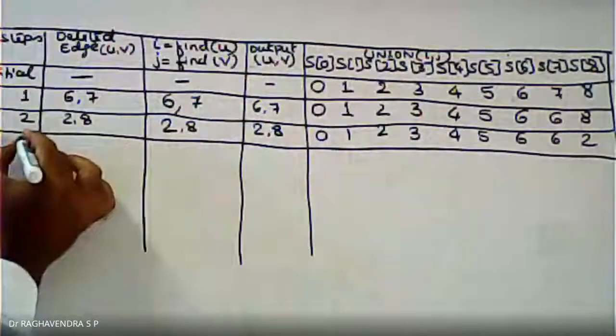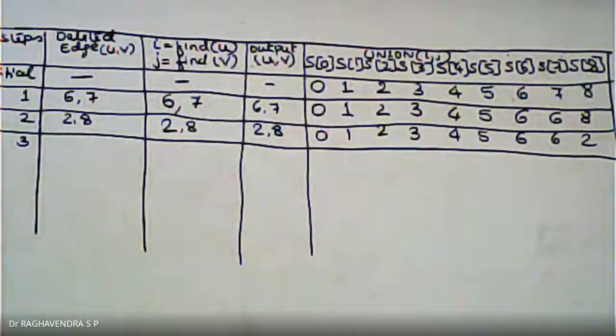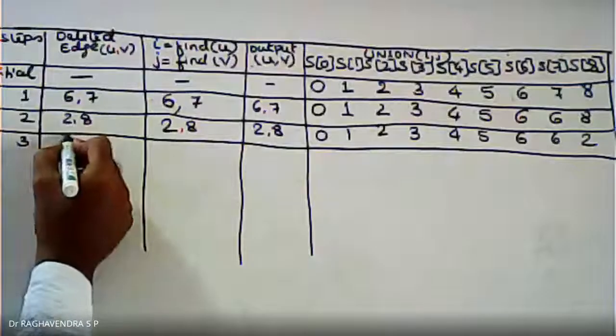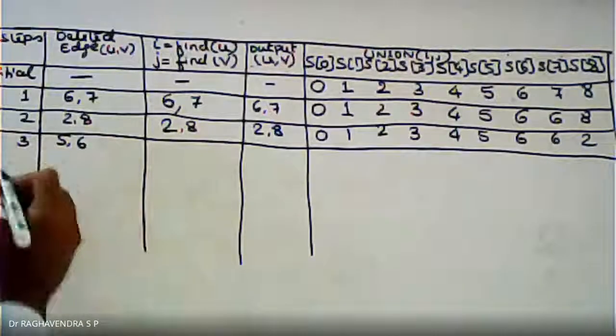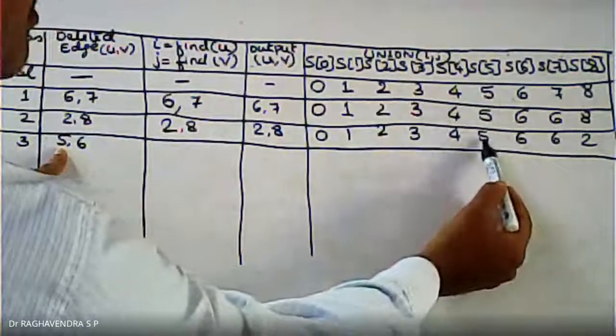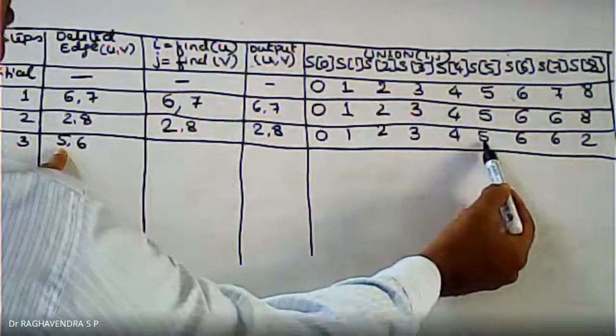Next, identify the next least edge. 5 to 6. That is 5 comma 6. Then see here, I is equals to find of 5. What is the value of 5? 5. Then 6.